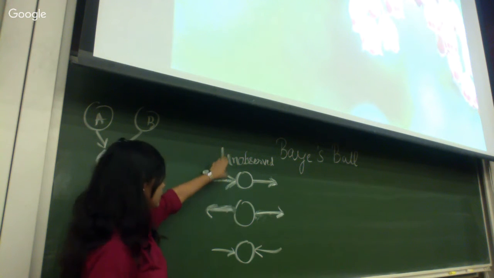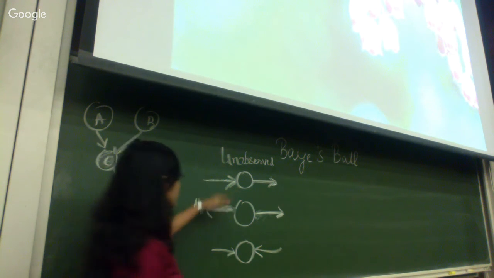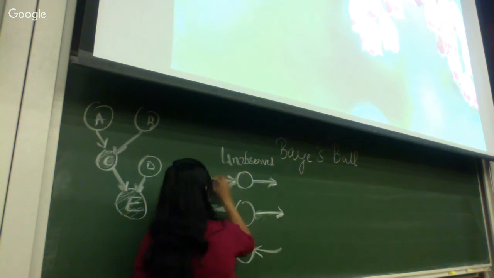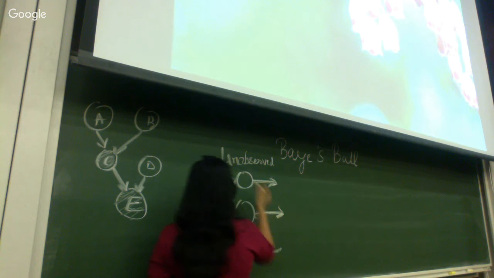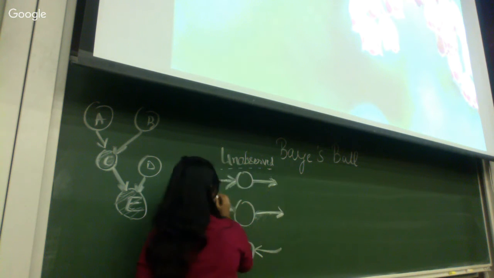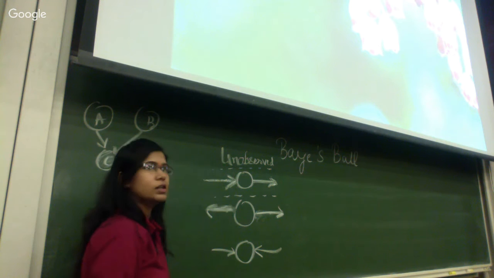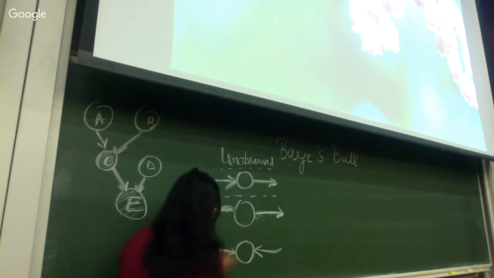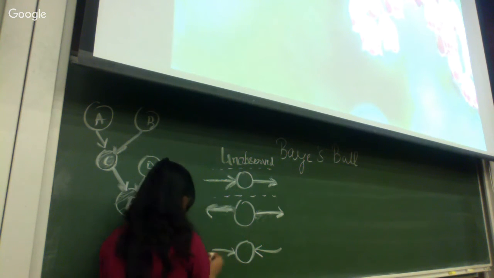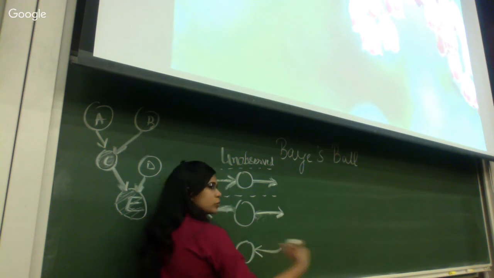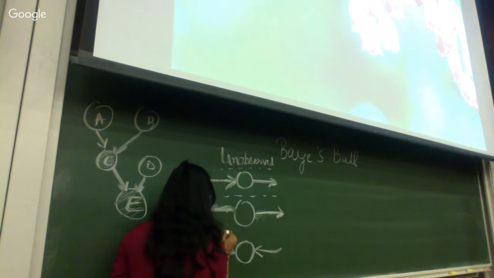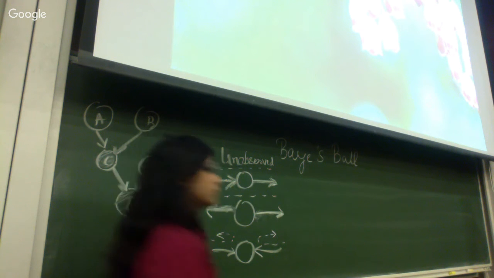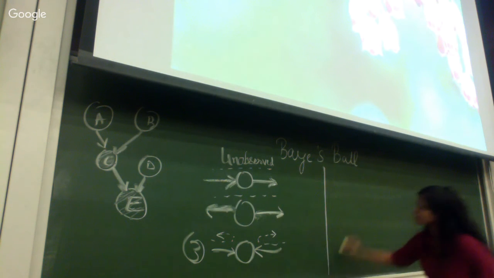If the node is unobserved and there is one incoming and one outgoing arrow, or two outgoing arrows, then a path exists. The path exists if the node is unobserved. But if you have case 3, where there are incoming arrows from both ends, the path would not exist. This was for unobserved nodes.